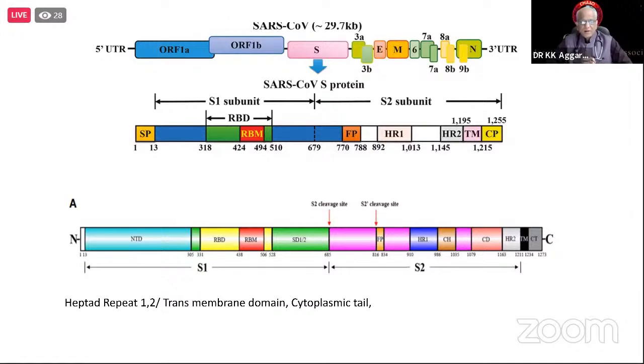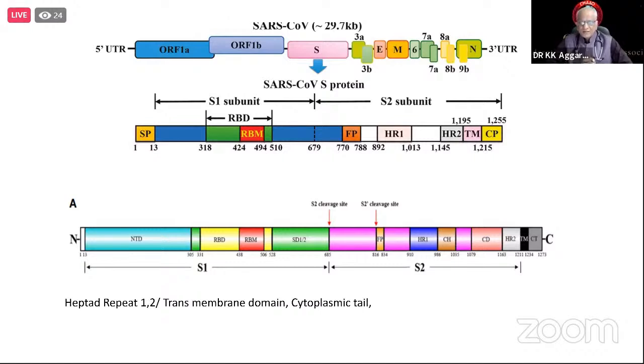People are just thinking about it, but nobody is working on it. Then we have ORF6, which is very, very important. Then we have 3A, 3B, 7, 8, 9. These are the open reading frames, which are non-structural proteins present in the virus inside the cytoplasm.